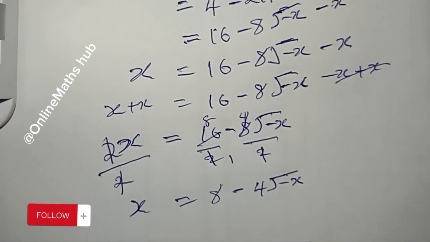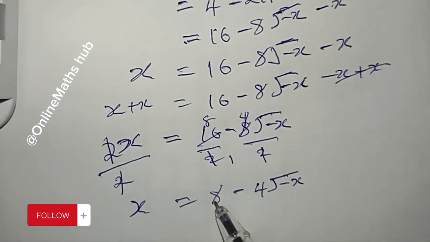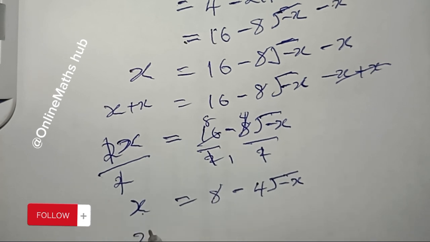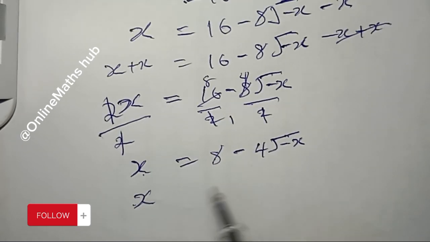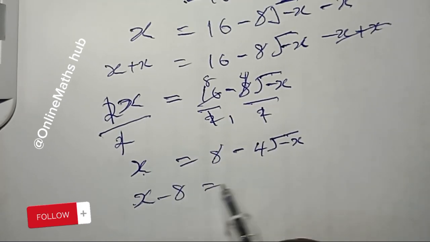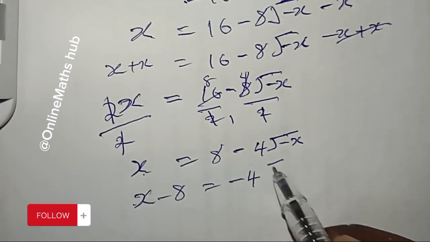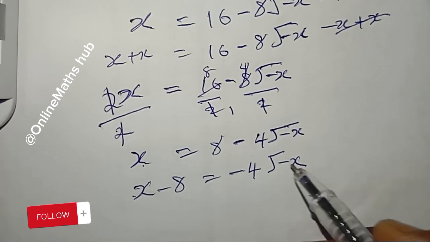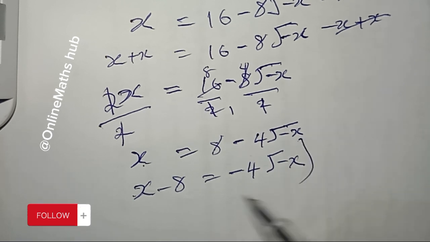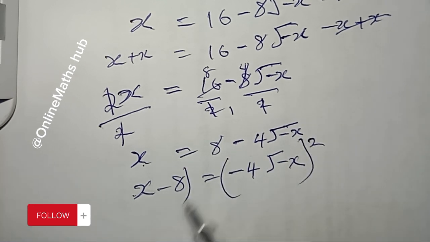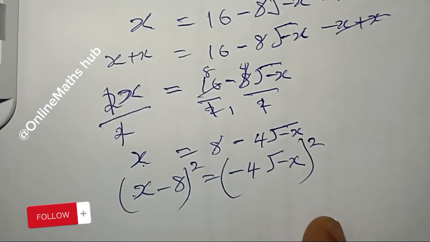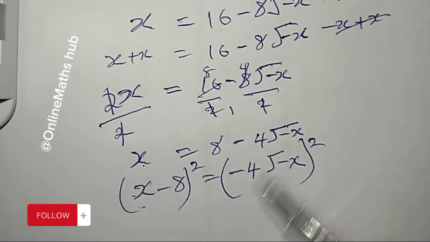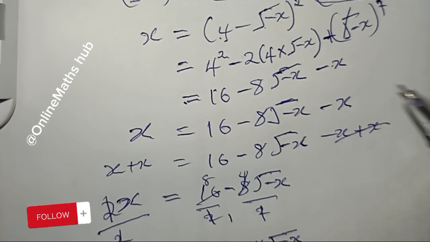At this point the next thing I want to do is bring this 8 to the left hand side. So I'm going to have x minus 8 is equal to minus 4 root negative x, and at this point I can square again so that I can remove this square root. So I'm going to square both sides, and also use the same algebraic expansion we used in our first expansion.